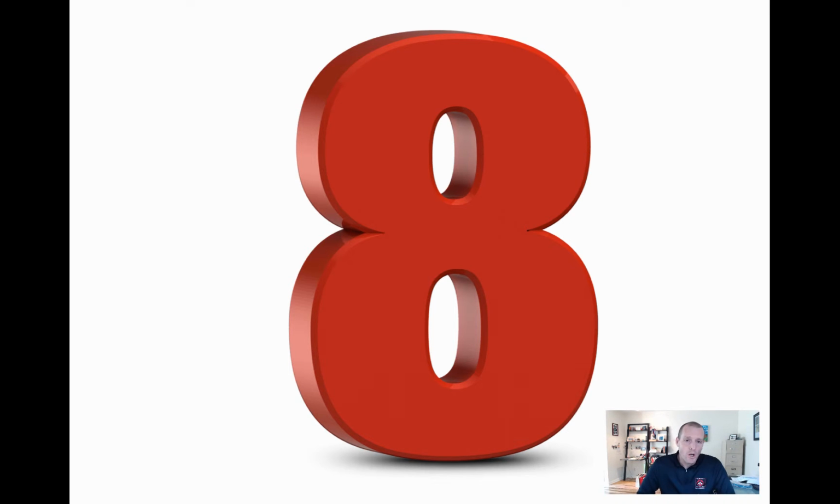Hemophilia is a blood clotting disorder, so hemophiliacs cannot clot their blood properly, and that is due to a genetic defect in the gene which produces a protein, a clotting factor in the blood called factor VIII. And if you don't produce factor VIII, or you produce a mutant form of factor VIII, then you cannot clot your blood.